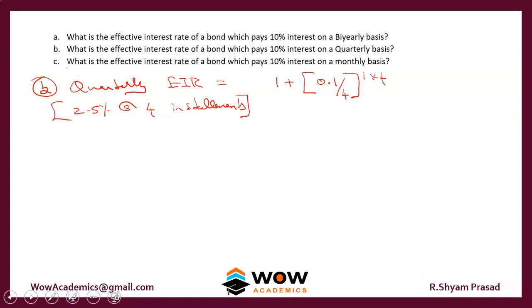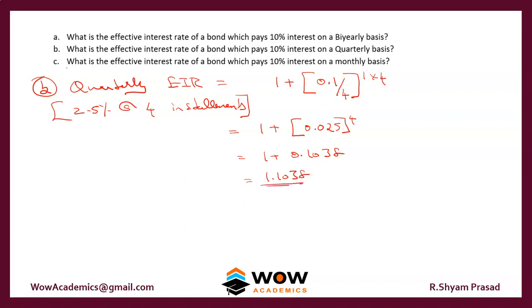If we solve this, we'll get an answer like this, 1 plus 0.025 to the power of 4. So we get 1 plus 0.1038. So the total answer will be 1.1038.